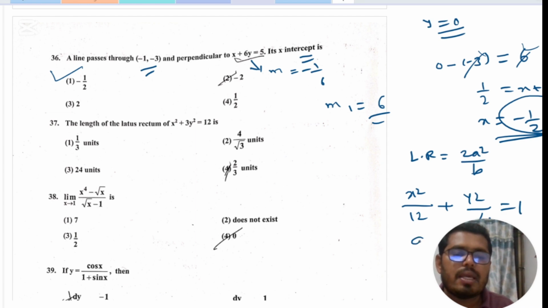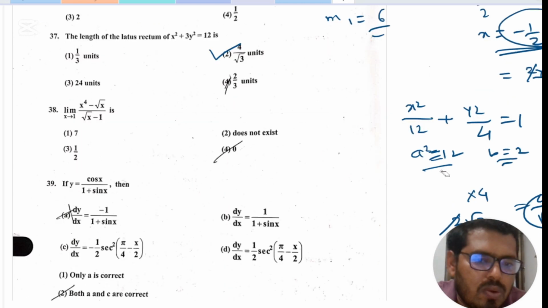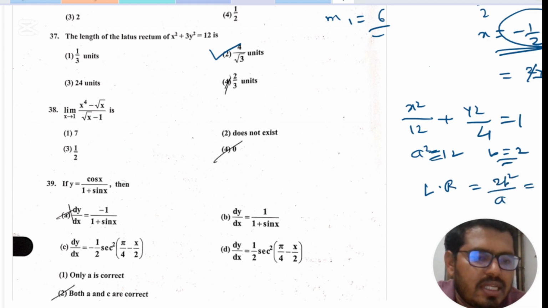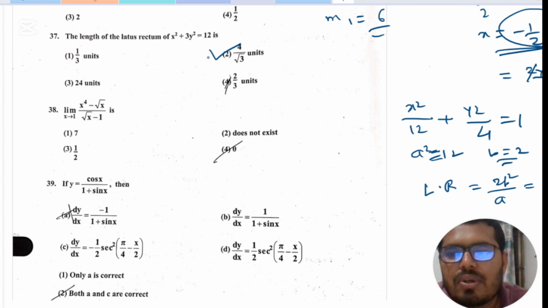Here, a square is equal to 12, b square is equal to 4, b is equal to 2. The latus rectum is 2b square divided by a. This means 2b square is 4 divided by a, which is 2 root 3. The 2 cancels, so 4 by root 3 is the latus rectum. Therefore, option number 2 is correct.